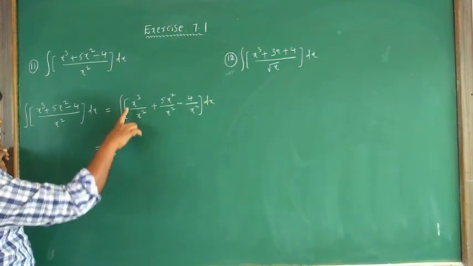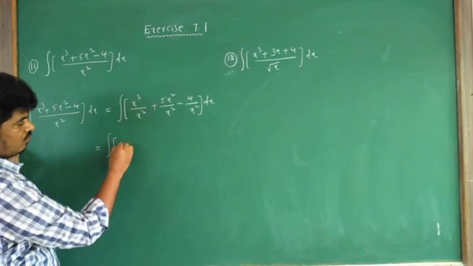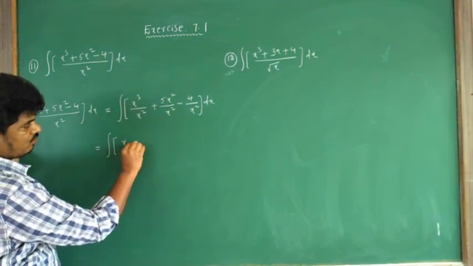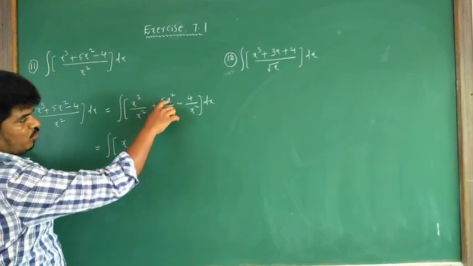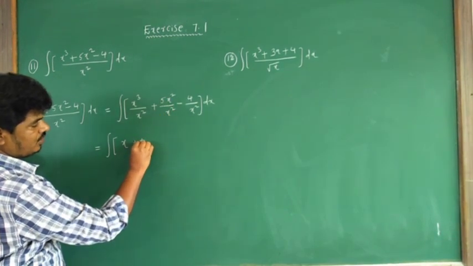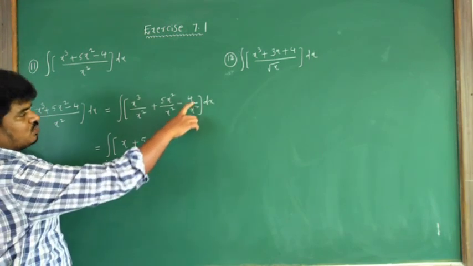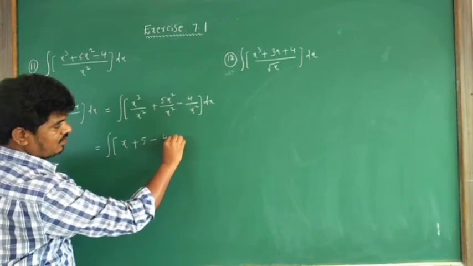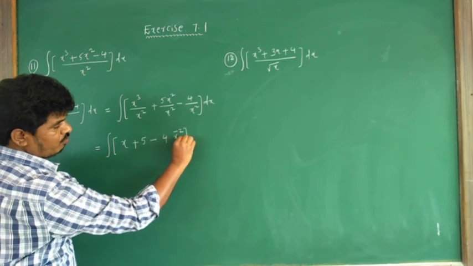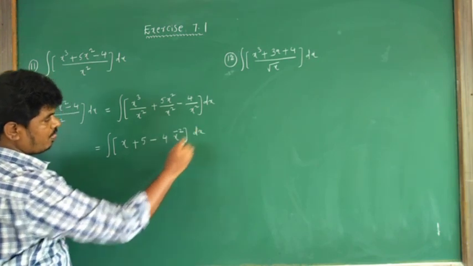By cancelling this x square, what will we have? X plus, by cancelling both terms, 5 minus 4 into this 1 by x square, we can take it as x to the power of minus 2 dx.